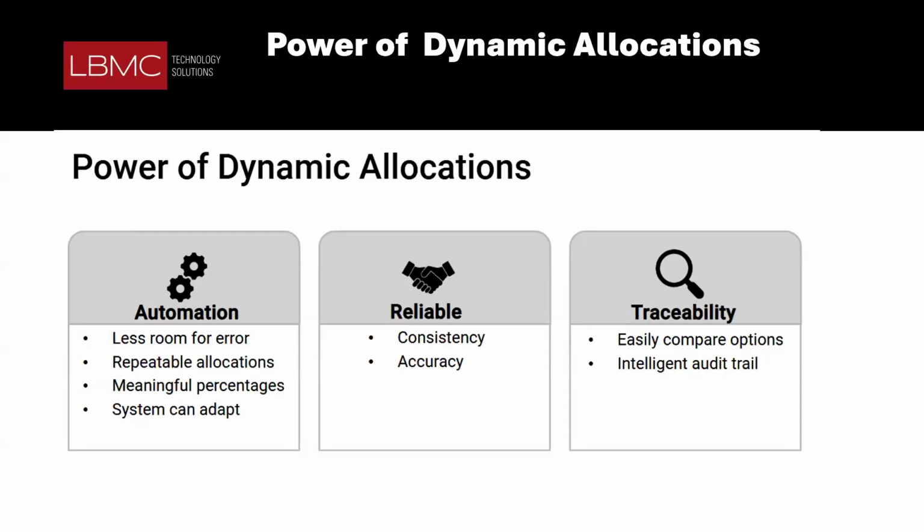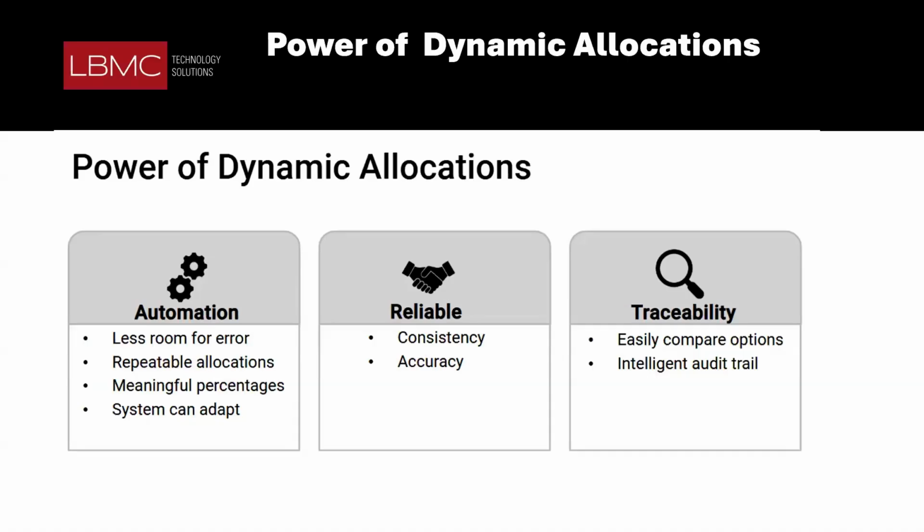Dynamic allocations are generated after postings, and you use the amount within your GL accounts or transactional statistical accounts to make the allocations within your environment. This allows for dynamic allocations to be generated on demand, or they can also be scheduled, as we will review later within this demonstration.